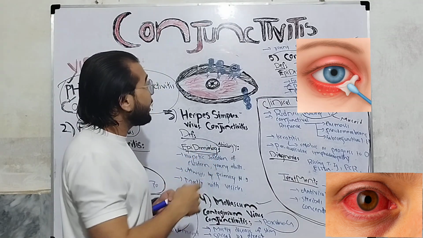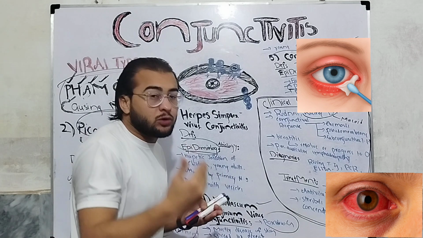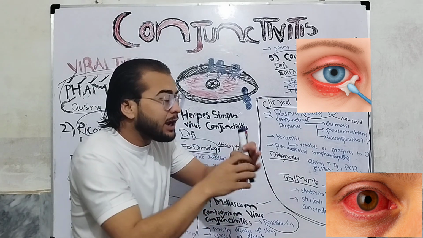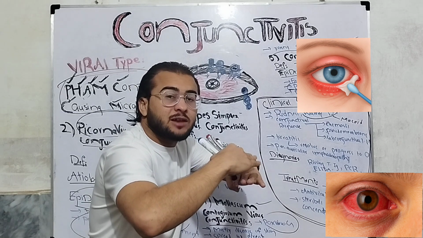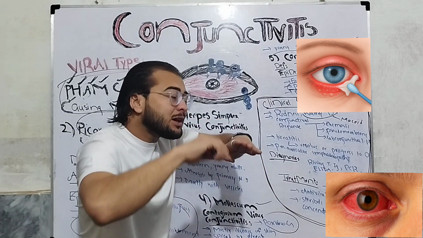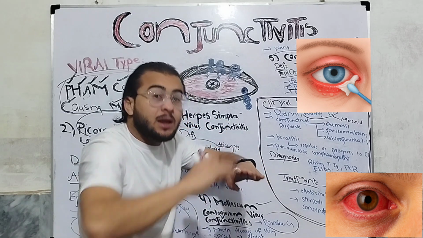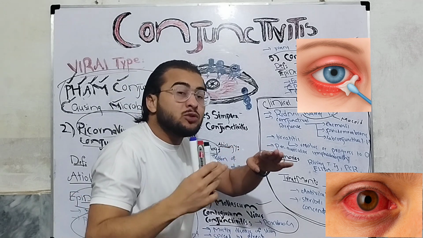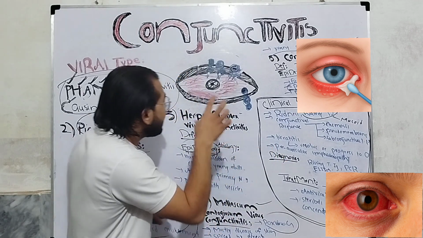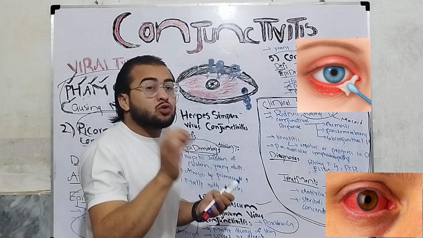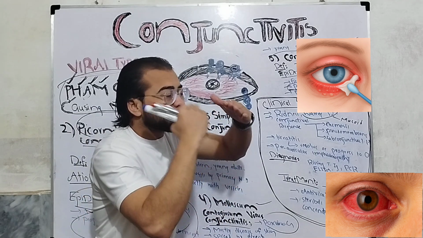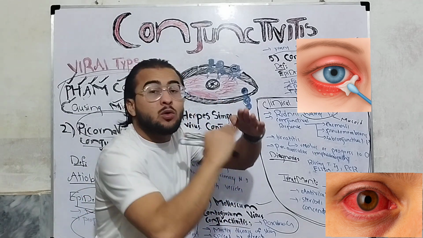Pseudomembrane: when there is inflammation, there will be exudate. When the exudate accumulates in the conjunctiva and on its surface, it causes the formation of a membrane, which can be a pseudomembrane or a true membrane. In viral types of conjunctivitis, there will be a pseudomembrane, formed by coagulative exudate.